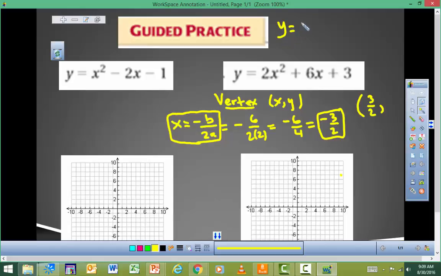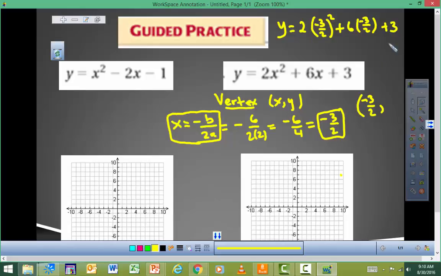It's equal to 2 times 3 halves, and then we square that, and then we add that to 6 times 3 halves. Oh, we need to make this negative, right? This is a negative 3 halves. It's negative right here. Okay, and then we're going to add 3.